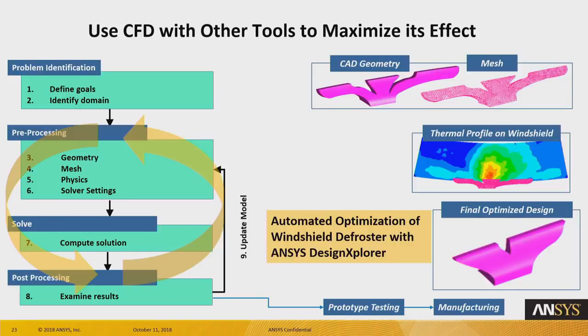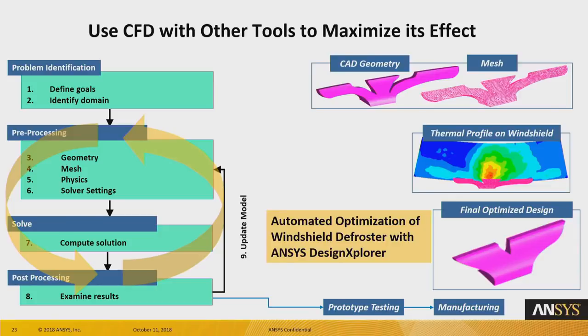But what if we want to optimize this design? Obviously, this single analysis is not going to tell us much. It will give us a good insight. It will maybe hint at what needs to be done next, but it will not give us this whole picture. In order to be able to optimize this design, we need to use optimization tools that are coupled with CFD analysis.